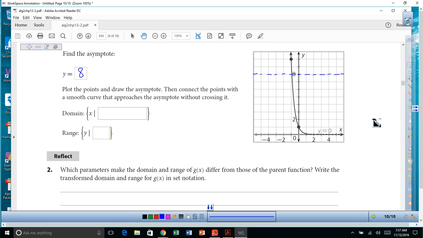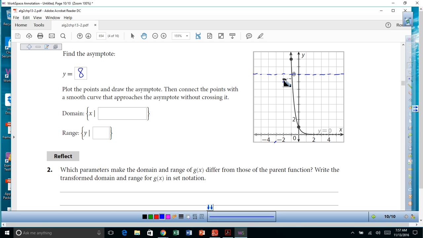Now look back on that other page. What were those points? We had negative 2, 7. That'll be right here. And what else did we have? We had negative 3, negative 2. So that's going to be right there.